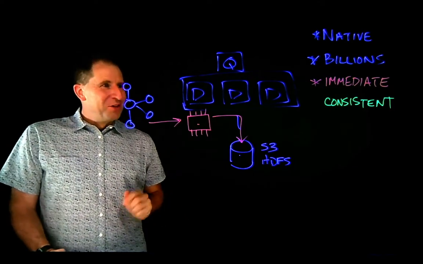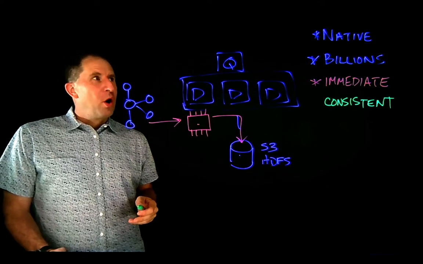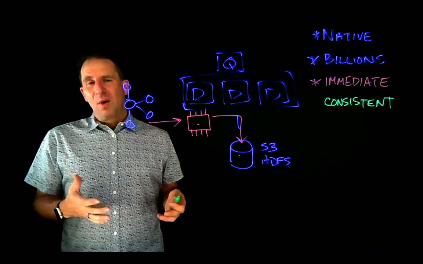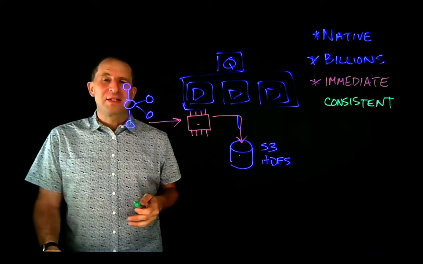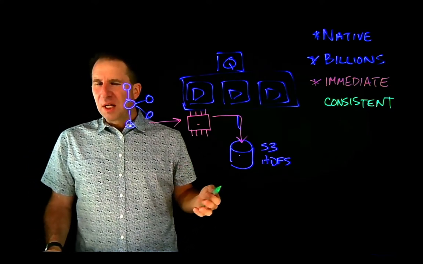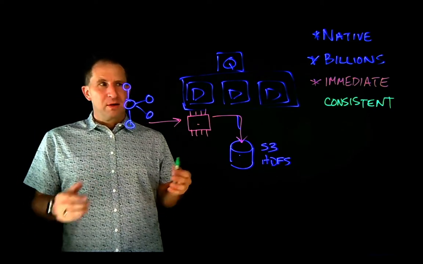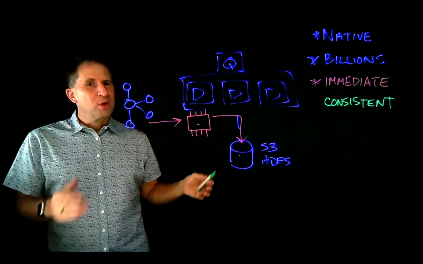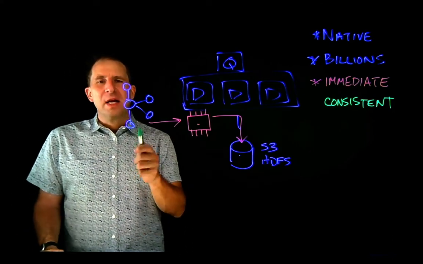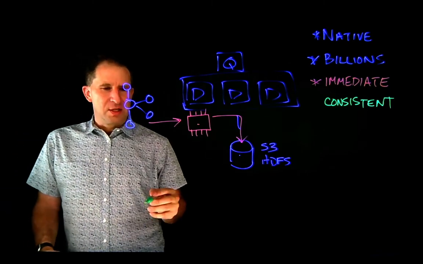Now, the fourth characteristic is guaranteed consistency, or what you might know as exactly once semantics. When you have a lot of data coming in, again, millions or billions of events, you want to be sure that it's consistent, because a few mistakes here and there can really add up in a high volume environment. Let me give you an example of a very common inconsistency that we see in the streaming world.